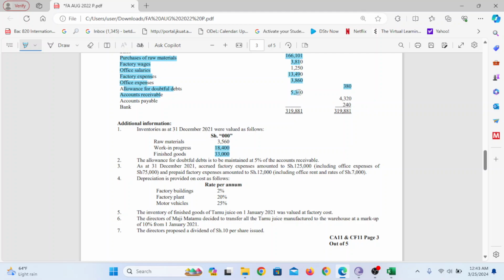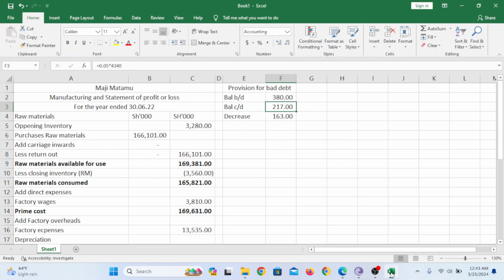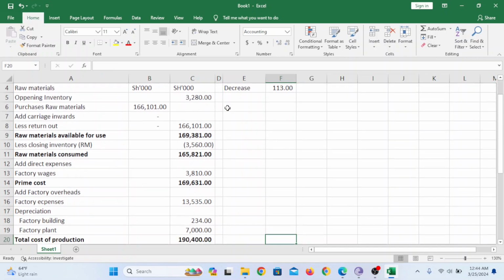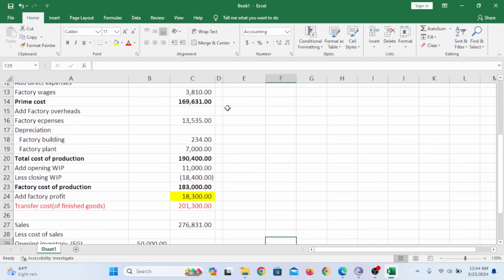It is supposed to be 5340 here. So this is 5340. I picked the wrong value here. So 5340, 5% gives 267. So there is a decrease of 113. So a decrease becomes an income.